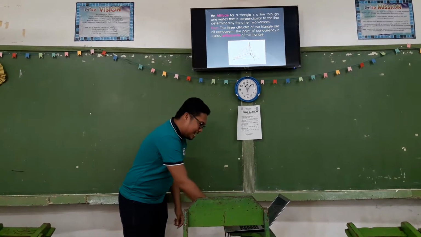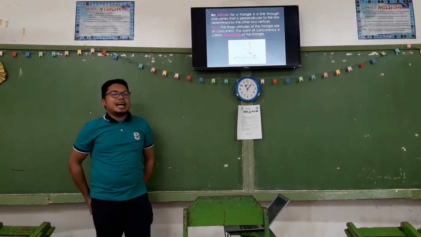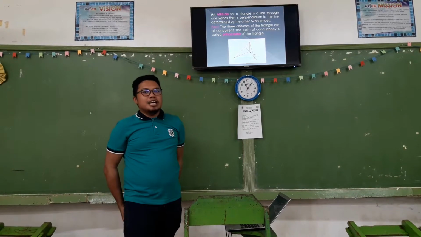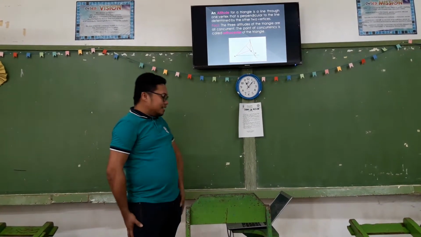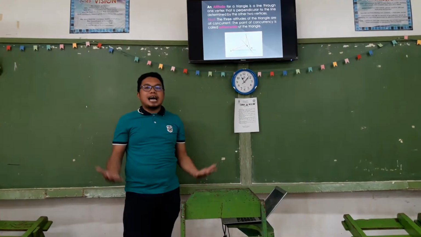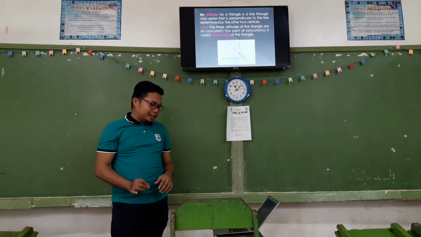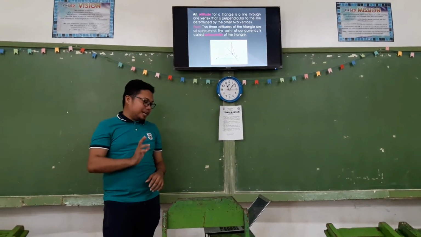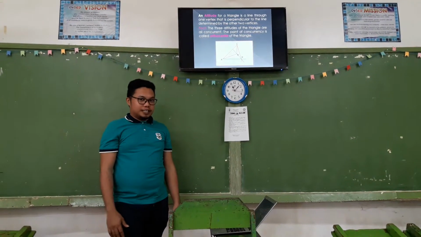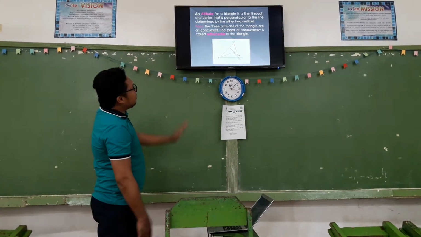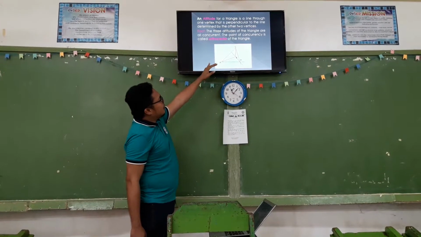Next, we have the altitude of a triangle. By definition, an altitude of a triangle is a line through one vertex that is perpendicular to the line determined by the other two vertices. Look at the figure.